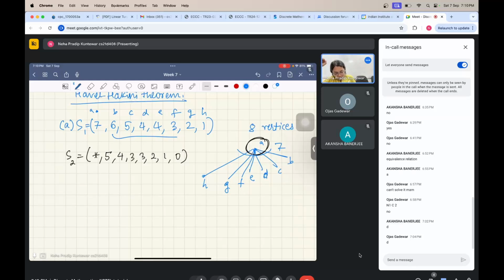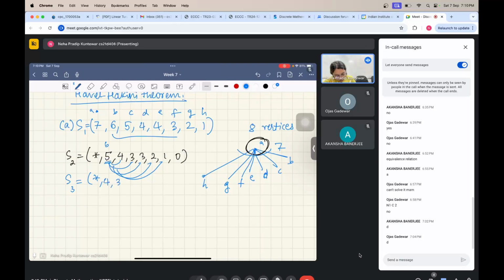So then what you do is you pick the next vertex, and you add 5 edges from this vertex B to the next 5 vertices. So this is 1 2 3 4 5, and then you would end up decreasing the degree of each of them by 1.